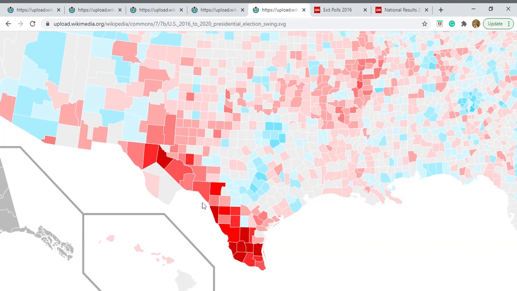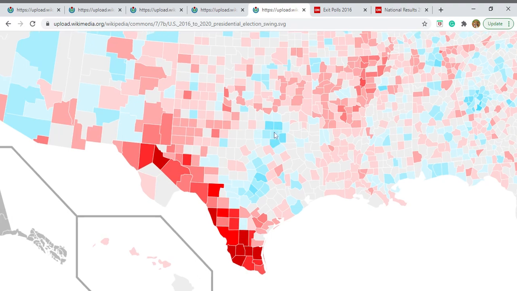And you might be wondering how it is that Biden managed to narrow the gap in Texas by 4 points, even though there's all of this red here. Well, it's because he still won these cities, such as Dallas, Fort Worth, San Antonio, Austin, and Houston. They make up a much, much bigger portion of the state's population than this area.